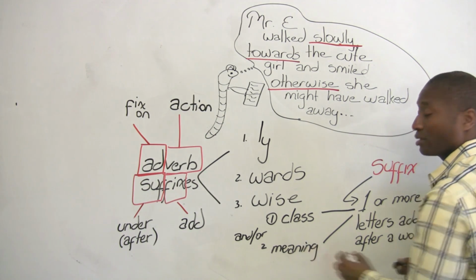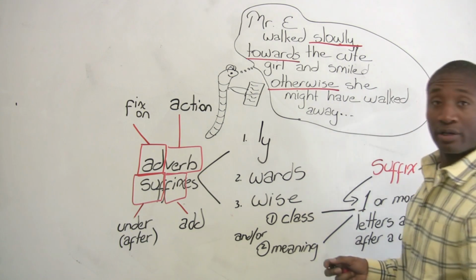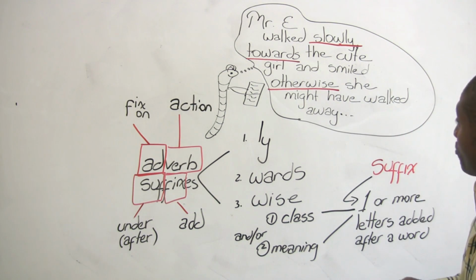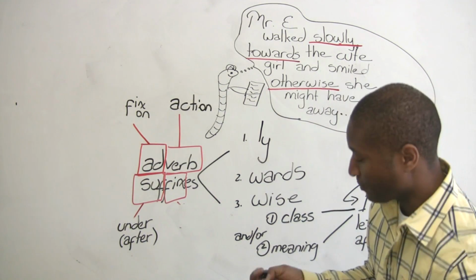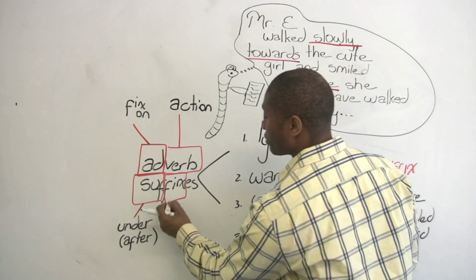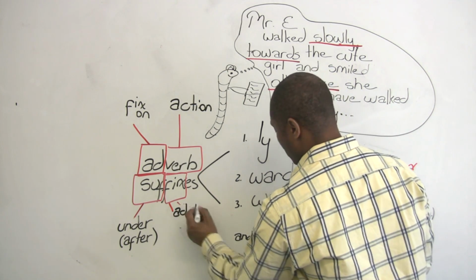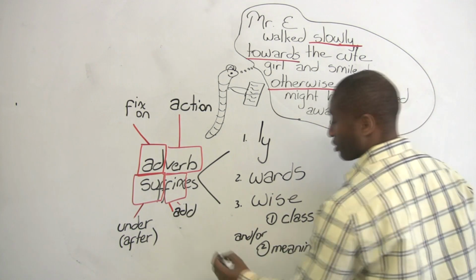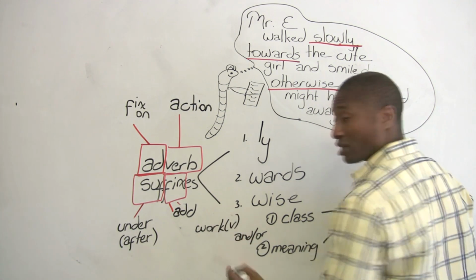An example of this would be the word work. Okay? So let me just find some room over here. I know some of you are taking really good notes, and I don't want to stop you from doing your work. So here's an example for you. Work. Work is a verb. That's the class.